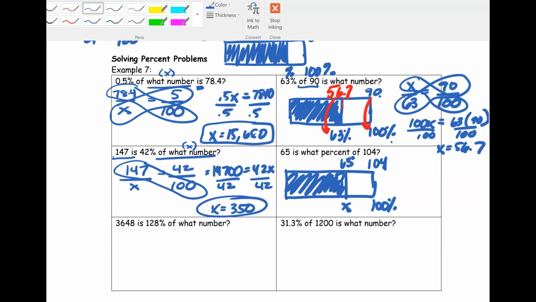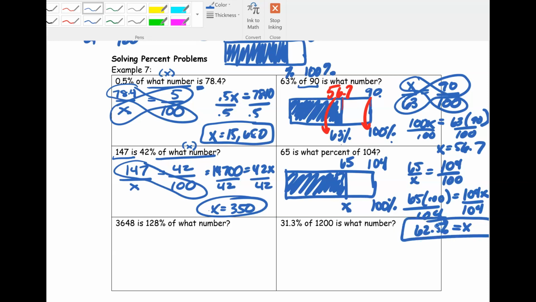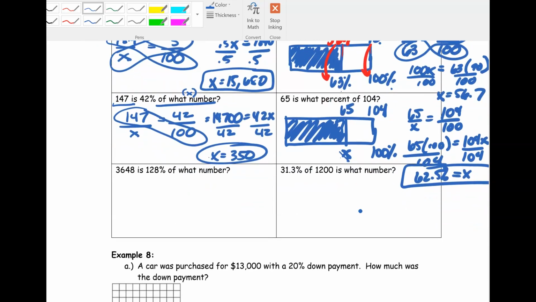And then we can do 65 over x equals 104 over 100, and then just cross multiply. 65 times 100 equals 104x. Divide both sides by 104, and then we end up getting 62.5. And that's a percentage because the bottom x, that's where the percentages go.